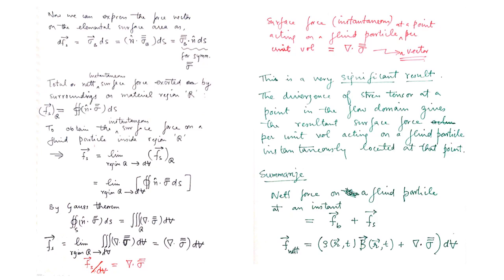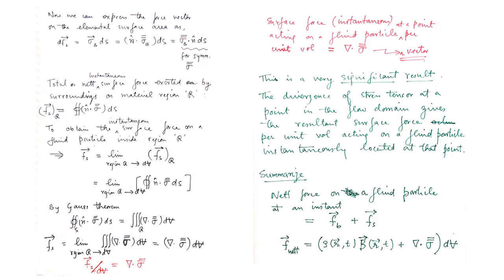Now the total net instantaneous surface force exerted by the surroundings on material region R, you just have to integrate over the entire surface. So n cap dot σ integrated over the entire surface. Notice the closed sign on the integral, double integral, so it indicates that you have a closed surface.